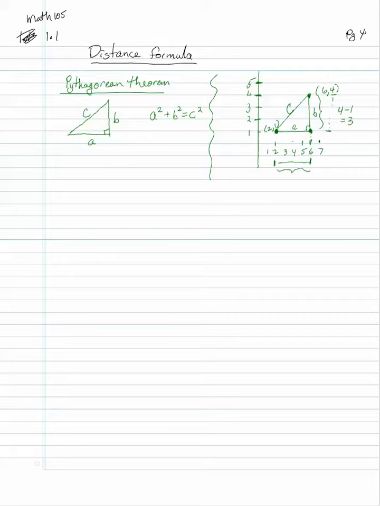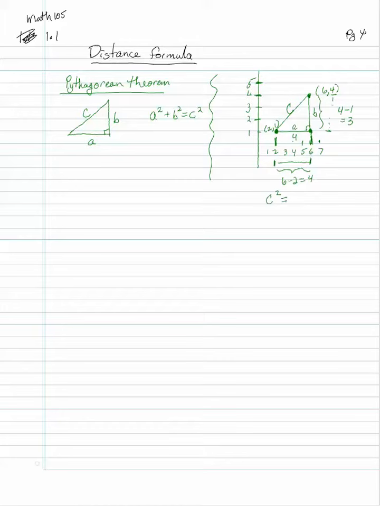Or if I want to be fancy, the x-coordinate here is 6, the x-coordinate here is 2, and I subtract them, that gets me the distance. On a horizontal line, you just subtract the x-coordinates. So that's 4.